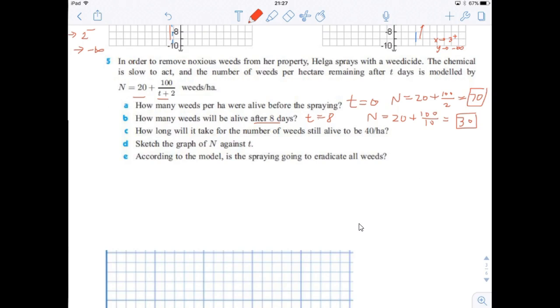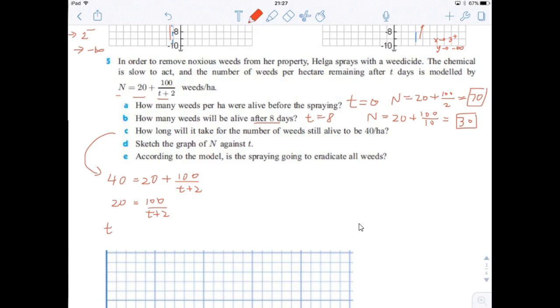And how long will it take for the number of weeds still alive to be 40 per hectare? So in this case, what it's saying is, okay, the number of weeds, which is n, is going to be 40. Tell me what t would be in that case. So, subtract 20 from both sides.